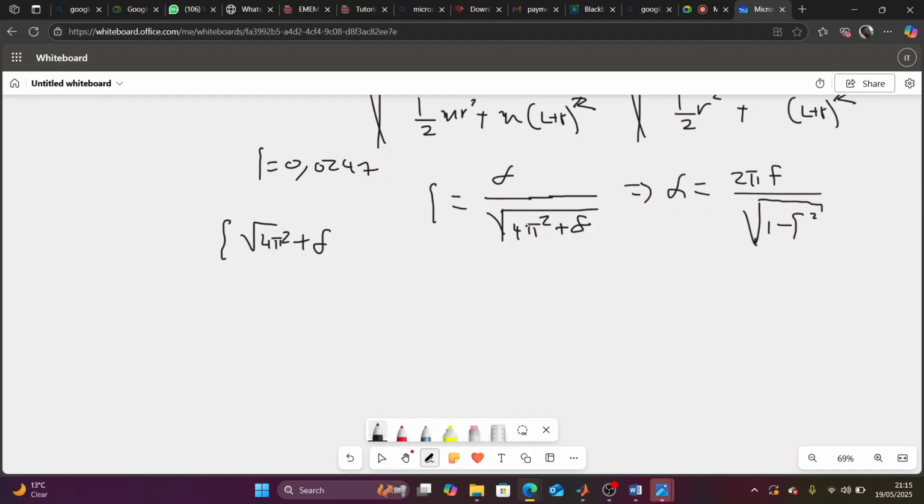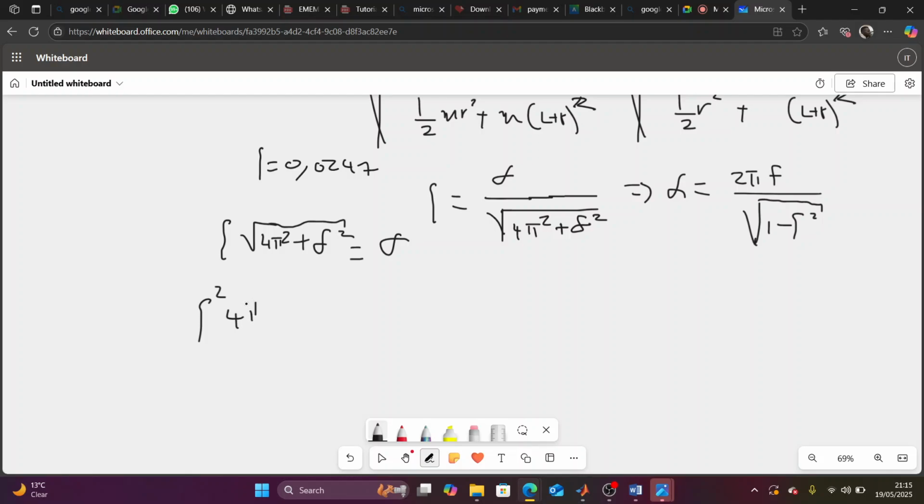I'm not really sure inside here. I think there's a square. Andile, can you check the formula sheet? Is it logarithmic decrement like this or logarithmic decrement square? Square. Okay, so there's a square inside here. To be equal to the logarithmic decrement on this side. So we square all sides.